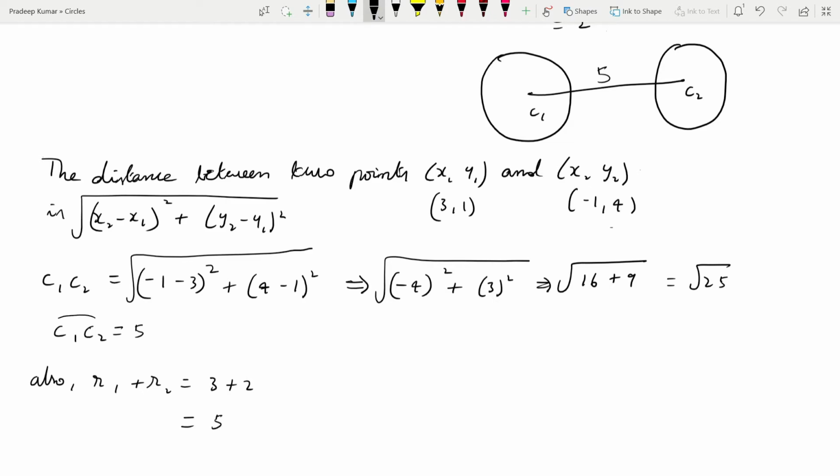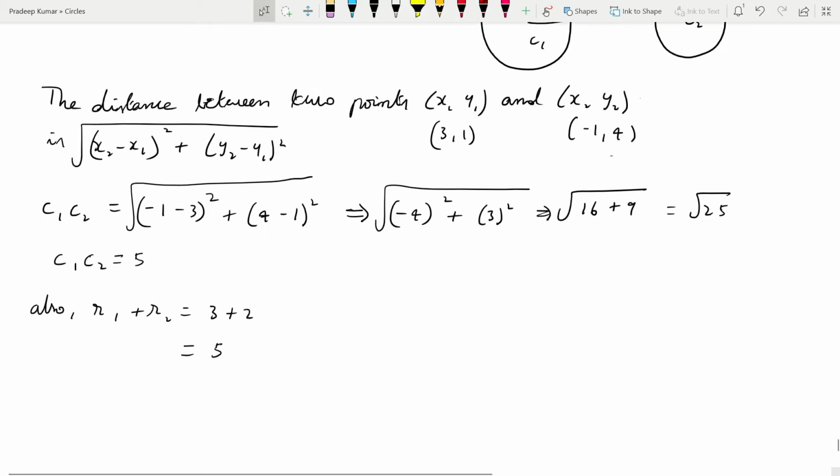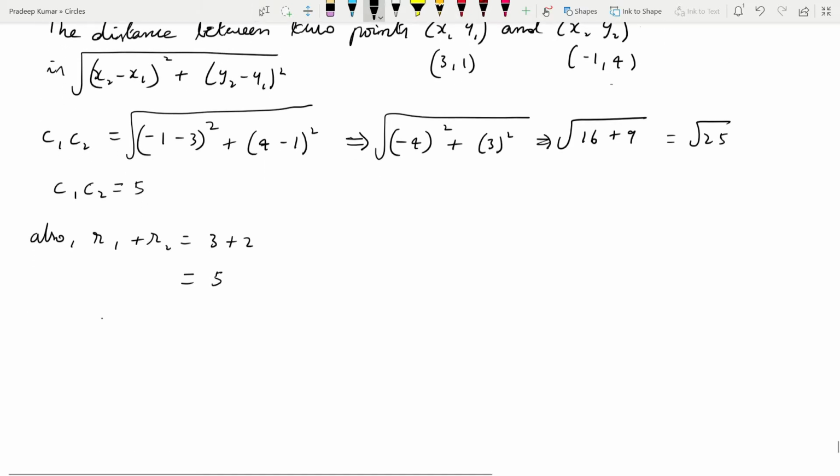So the distance between two centers of the circles we got 5, and when we added both of the radii of the circles, we got 5, which means both of the circles were touching externally. So I can write therefore c1 c2 equal to r1 plus r2, where we can say 5 equal to 5.